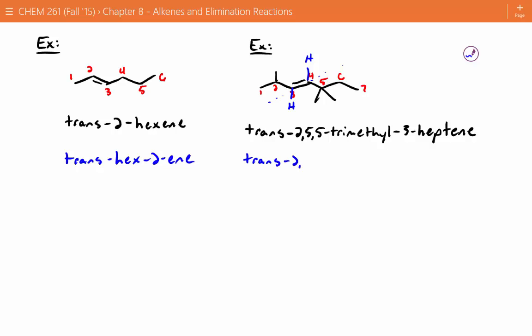We can say trans 2, 5, 5 trimethyl hept 3-ene. Some people prefer to do it this way just to clearly indicate that the double bond is located at the 3 position.